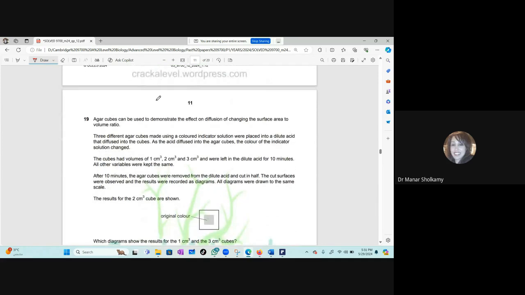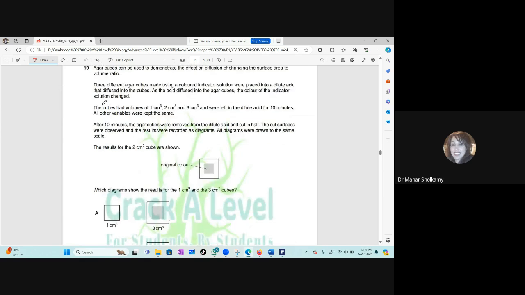Okay. Agar cubes can be used to demonstrate the effect on diffusion of changing the surface area to volume ratio. All this is in the lesson cell membranes. Three different agar cubes made using a colored indicator solution were placed into dilute hydrochloric acid. As the acid diffused into the agar cubes, the color of the indicator solution changed. The cubes had volumes of 1 centimeter cubed, 2 centimeter cubed, and 3, and were left in the dilute acid for 10 minutes.